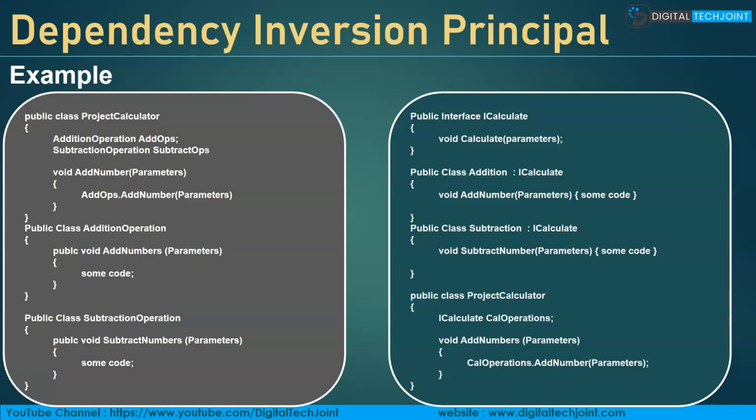So here in your superclass, the interface object is initiated, and according to the operation, that is add or subtract, it calls the required method of addition or subtraction. That means in your superclass we have implemented abstraction, because the actual class and actual implementation is nowhere known to the project calculator, and that is how we meet the dependency inversion principle.